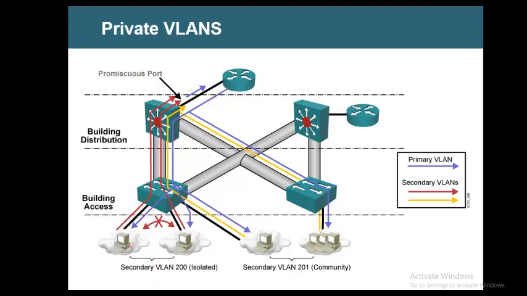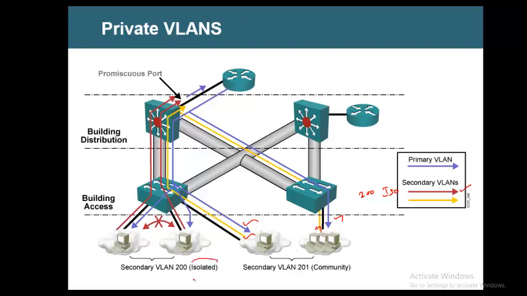But if you see the secondary VLANs, like red VLAN is the isolate VLAN, which is 200. Yellow is the community VLAN, so members of the same community can communicate. They can also talk to Prometheus, but they cannot talk to red because red is an isolate.